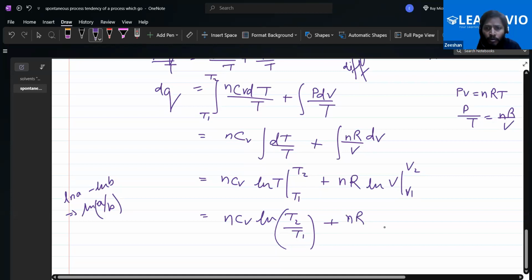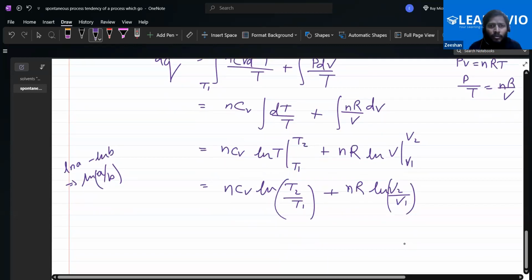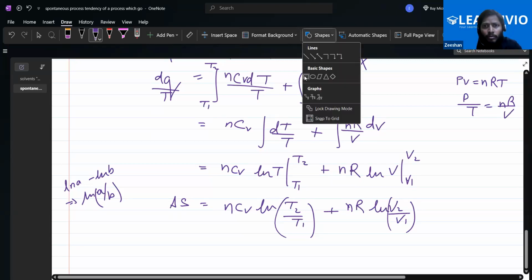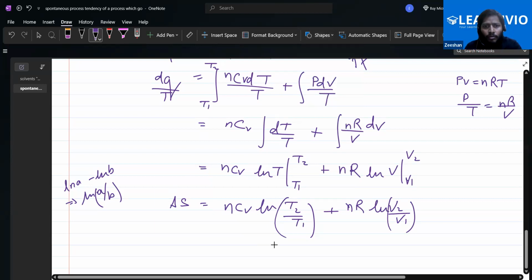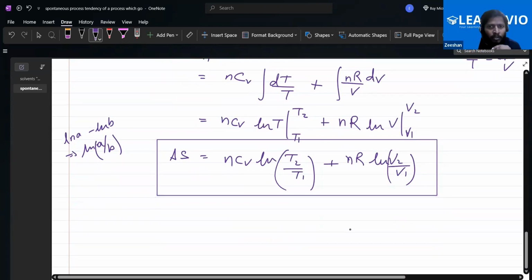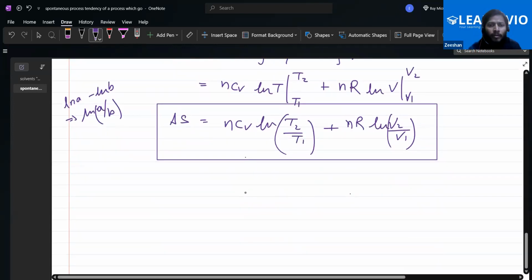Just go with the flow. ln V2 by V1, that is it. This was dq by T, and finally dq by T is delta S. So this is the main formula. Just try to remember this formula.